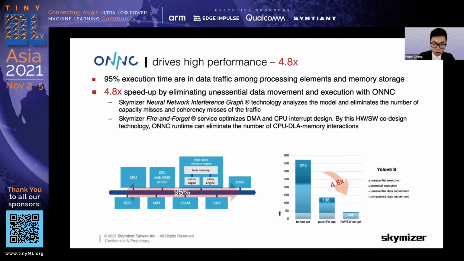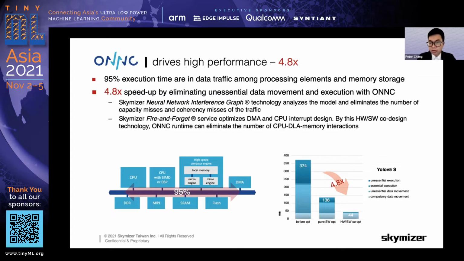Furthermore, when we analyze it, we find that most of this 95% is unessential data movement, because of bad data location and bad data algorithm, which leads to unessential data movement and unessential execution. So we optimize the data movement and data location, which leads to a 4.8 times speed up.